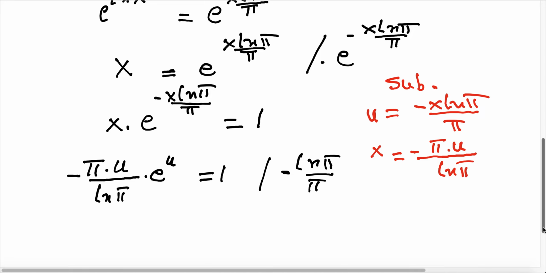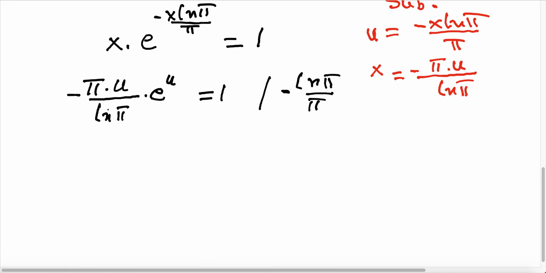And after a little algebraic work, we are going to get u times e to the exponent u is equal to minus ln pi divided by pi. So that's what I have.